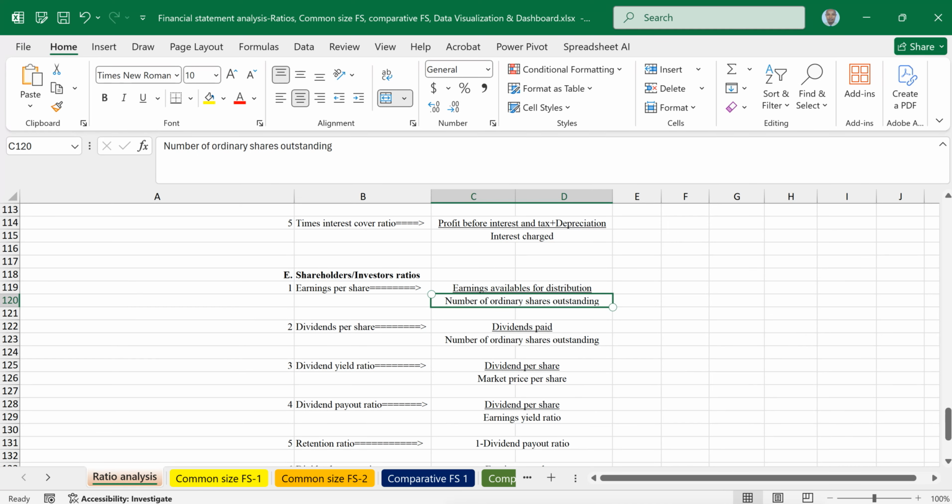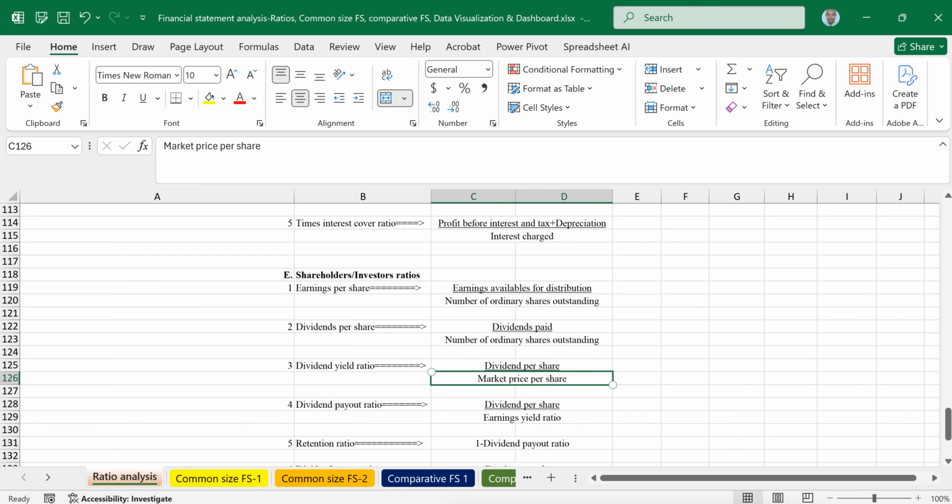Now from those two, you also have the dividend yield ratio, obtained by dividend per share over your market price per share. The MPS will always be given. Then the dividend payout ratio.